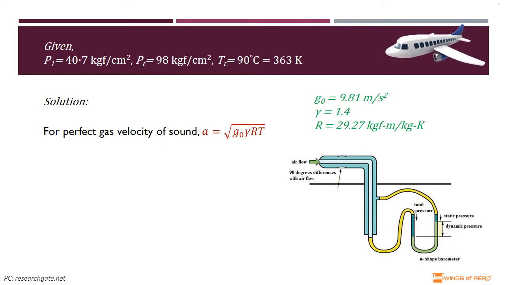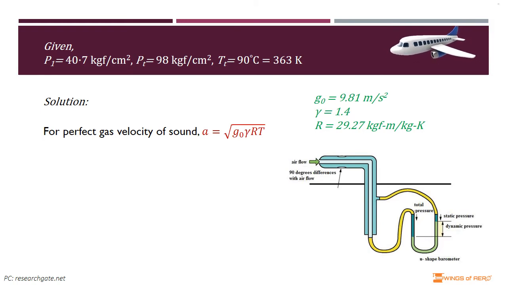R is the gas constant, which is 29.27 kg force meter per kilogram Kelvin for air. Gamma is the ratio of specific heats, which is a function of temperature only. It can be concluded that the velocity of sound, or the velocity of propagation of a small disturbance, depends only on the nature of the gas.